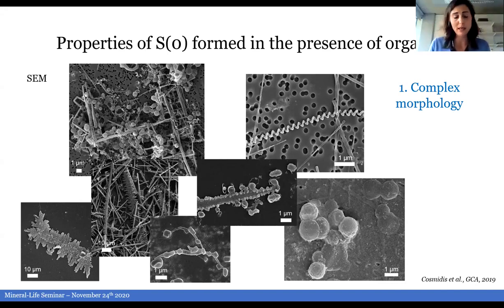And here I'm showing you different images that are all elemental sulfur particles, and they were all formed in the presence of a different type of organic compound. And you see that depending on what organics are present, you can form sulfur spheres and filaments, twisted filaments, some spiky Christmas tree looking particles, and other complex and weird shapes. So a first property of mineral formed in the presence of organics is that it has complex morphologies, and the morphology is controlled by organic matter.